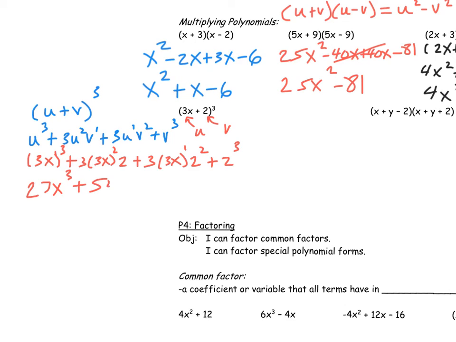You'd have 54x squared. Let's see, here we'd have 4 on this third term. 4 times 3 times 3. That would be 36. And then 2 to the third power would be 8. Okay? A lot going on there.